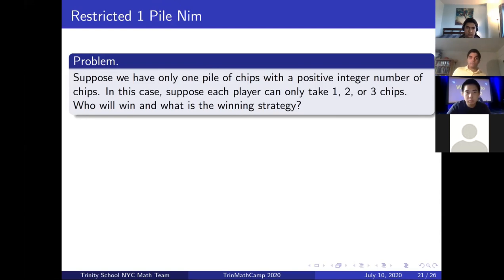I'll also give you a hint. There are specific scenarios when either player can win.